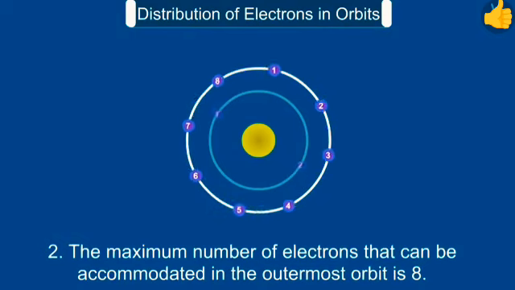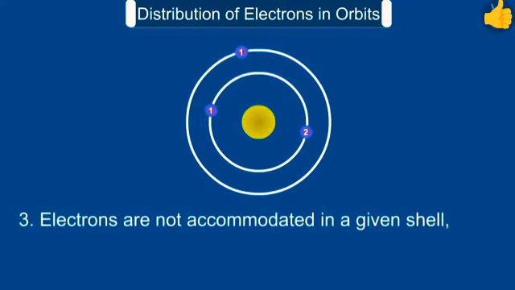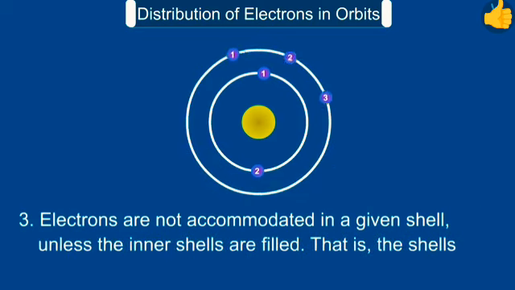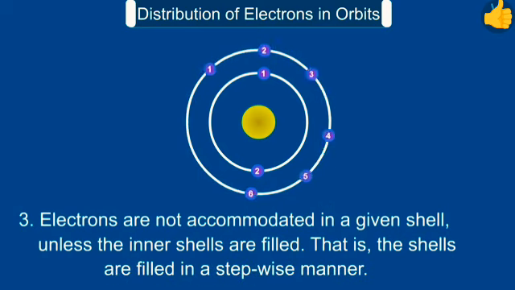The maximum number of electrons that can be accommodated in the outermost orbit is 8. 3. Electrons are not accommodated in a given shell unless the inner shells are filled. That is, the shells are filled in a stepwise manner.